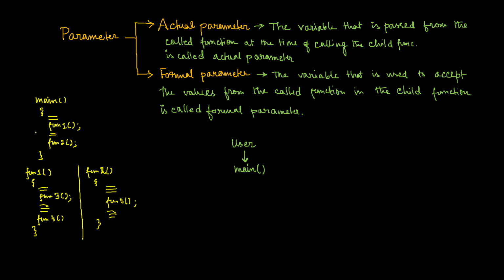Now within the main function, obviously the execution will start line by line, and these two lines present within the main function will execute, and then the compiler, or the computer, will see that there is a function call in this particular line to function 1. So what will happen? Before calling fun1, the instructions of the main function were being executed within the processor.